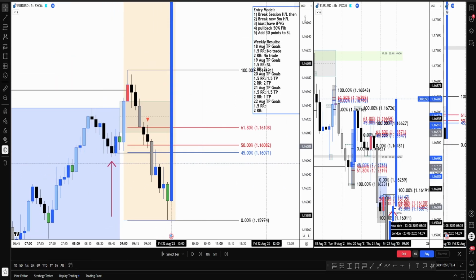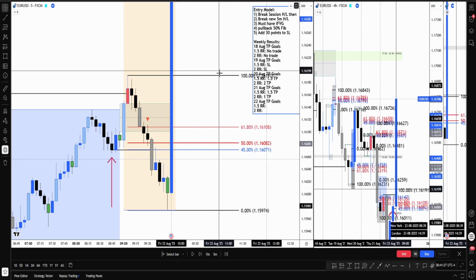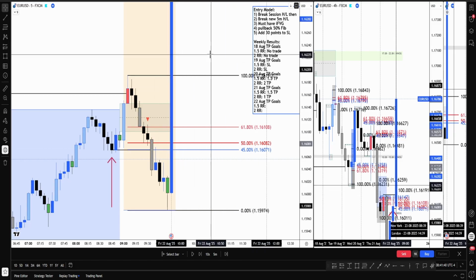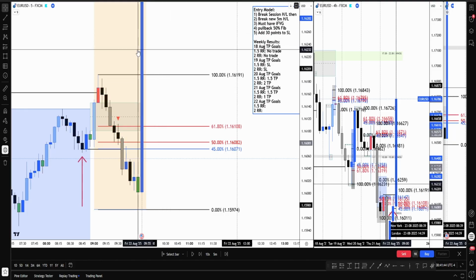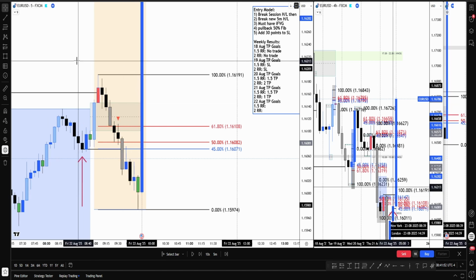Remember, our strategy is not based on news, but if we have news that affects the US dollar, especially red folder news like interest rates, FOMC, NFP, what's the other one?